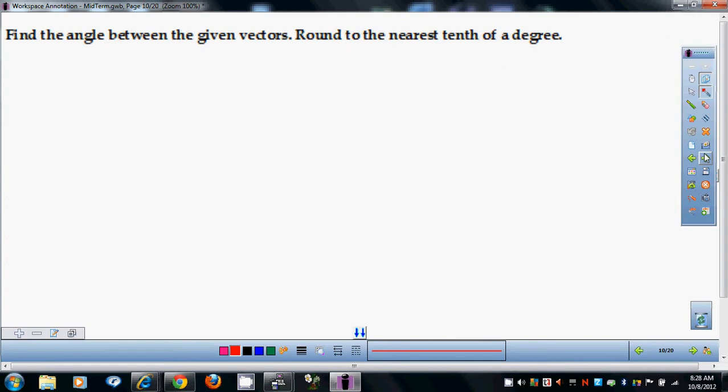Find the angle between the given vectors. Round to the nearest tenth of a degree. Raise your hand and tell me what it's going to provide, what I need to do.